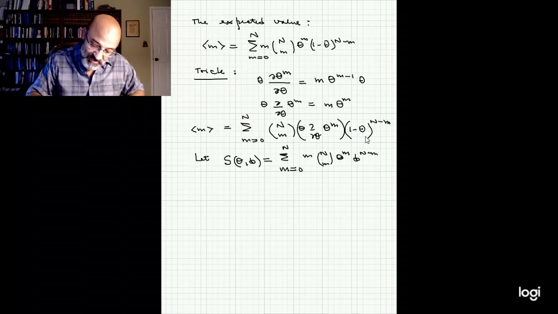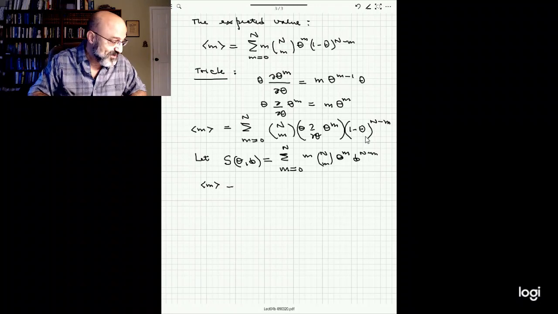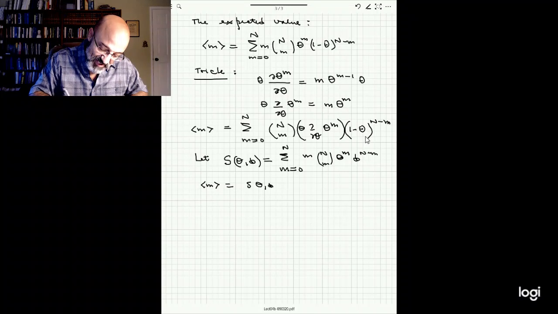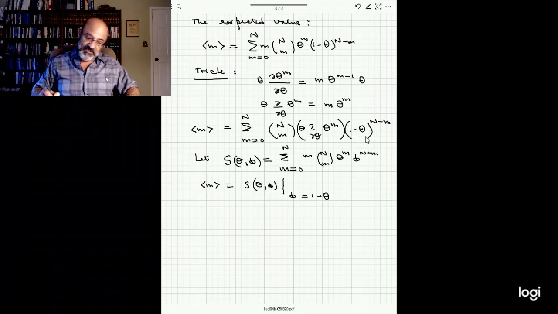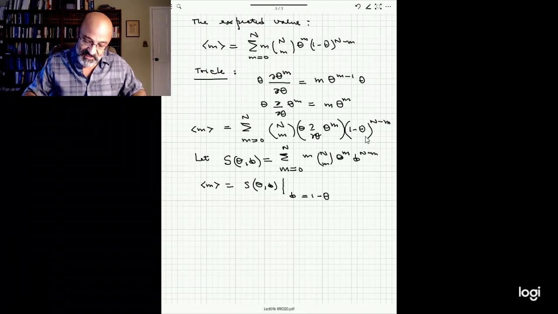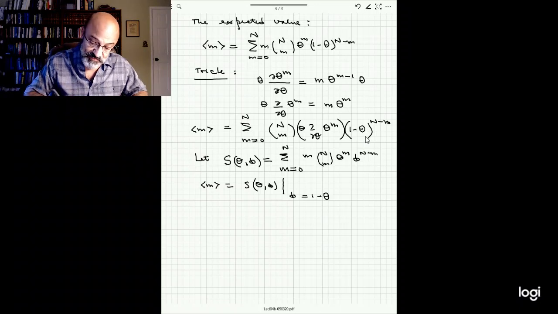Very good. Notice that what we want to compute is going to be this summation evaluated at phi equals 1 minus theta. So let us just evaluate the sum S and then proceed to evaluate it with phi equals 1 minus theta.